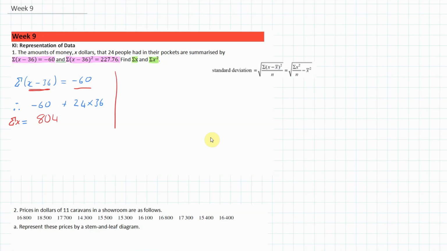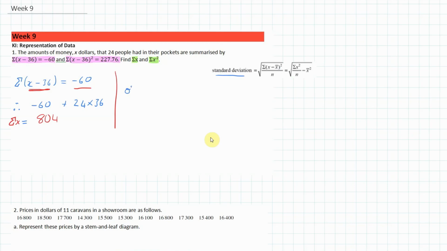Now we need to think about how we're going to get the sum of (X minus 36) squared. So I guess we can use the fact that the standard deviation, or the spread of the data, is going to be the same when it's coded and when it's uncoded. So I'm going to use the variance.